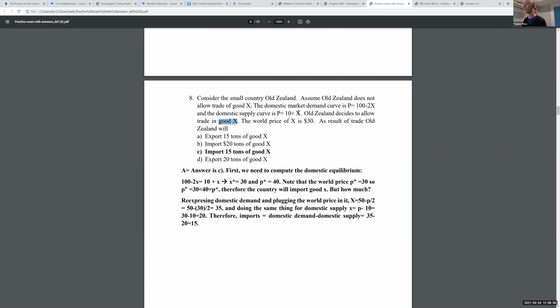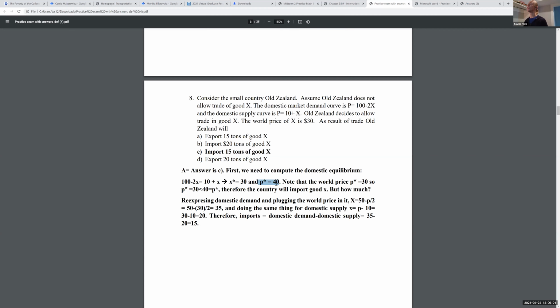For this one, it's a little weird because the quantity is, rather than Q, actually X. So just note here that X is actually the quantity of the good and not just a random variable. When you solve both of those, you get the quantity is 30 in the domestic market and the price is 40 in the domestic market.